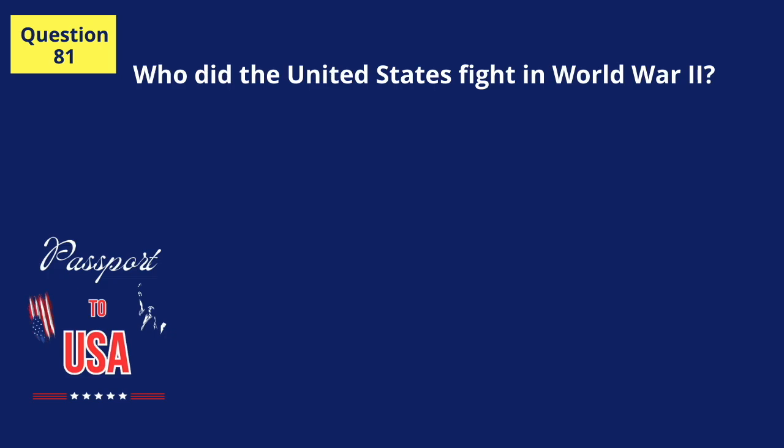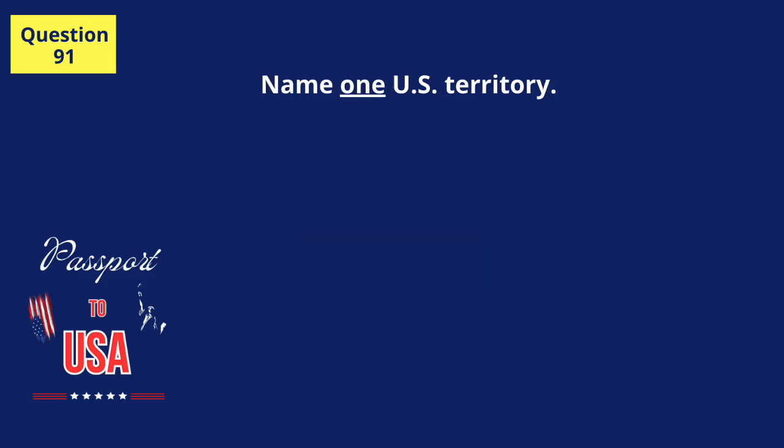Who did the United States fight in World War II? Japan, Germany, and Italy. Name one U.S. territory. Guam.